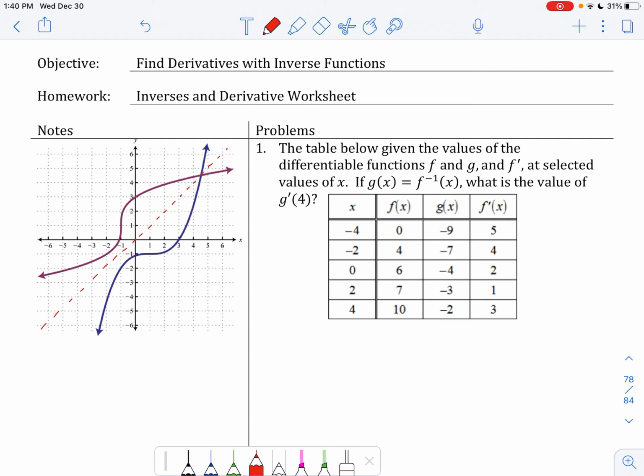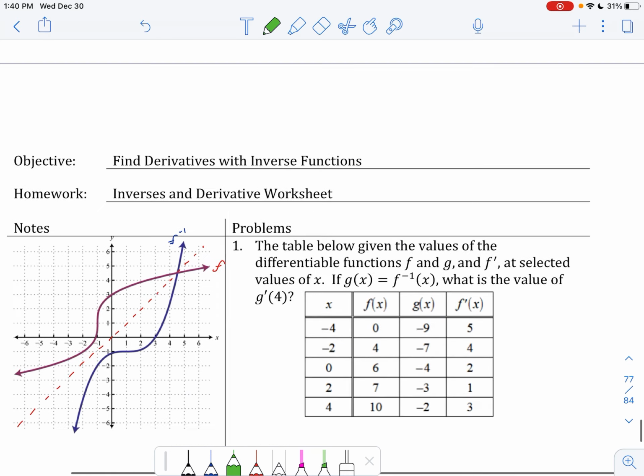This is just a true fact about inverses. So if I have a graph here, which is f, I could say that f inverse, f to the negative 1, is this reflected blue curve.